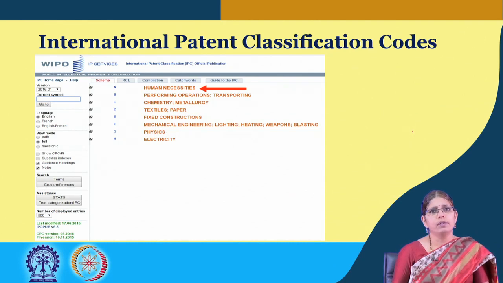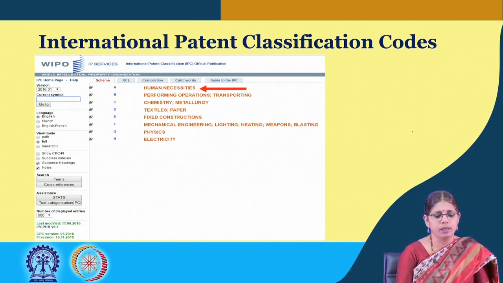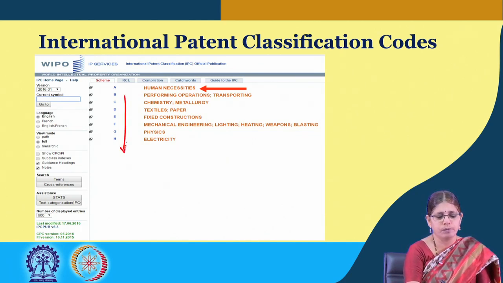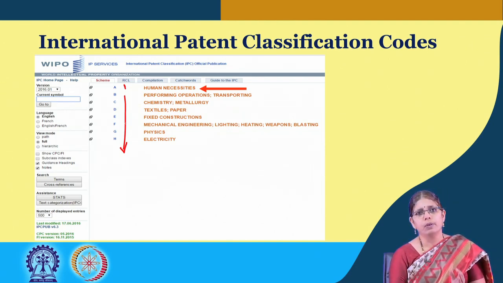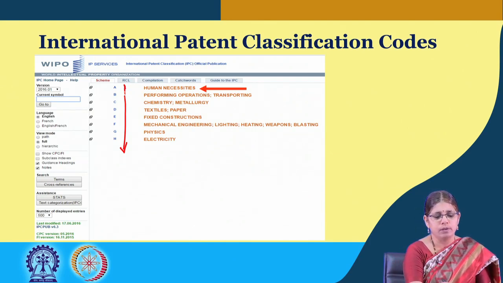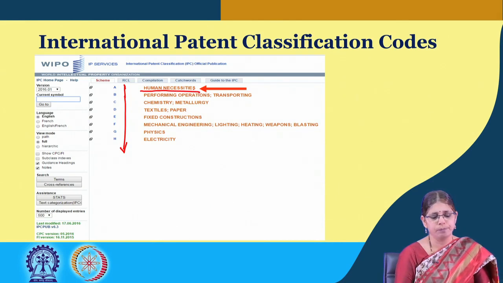The International Patent Classification Code is organized into 8 different main sections, as you can see, which is A to H. If you have a document which is classified under A, it means that particular invention is relevant for human necessities.